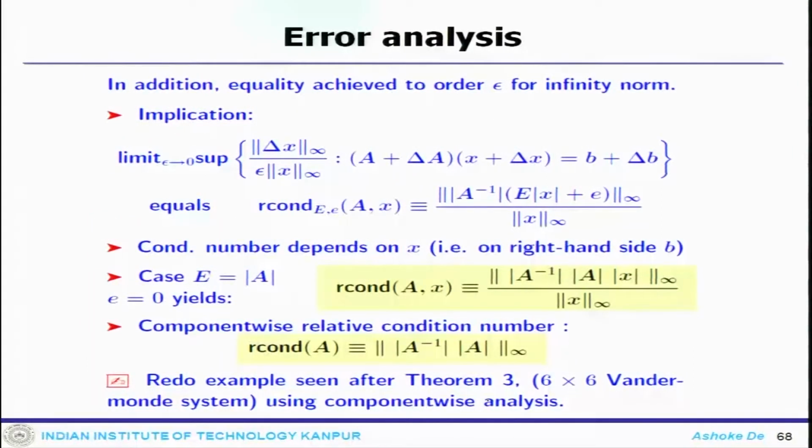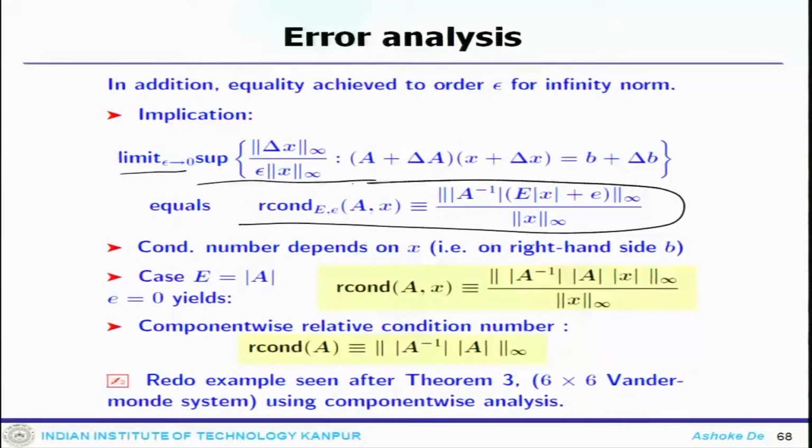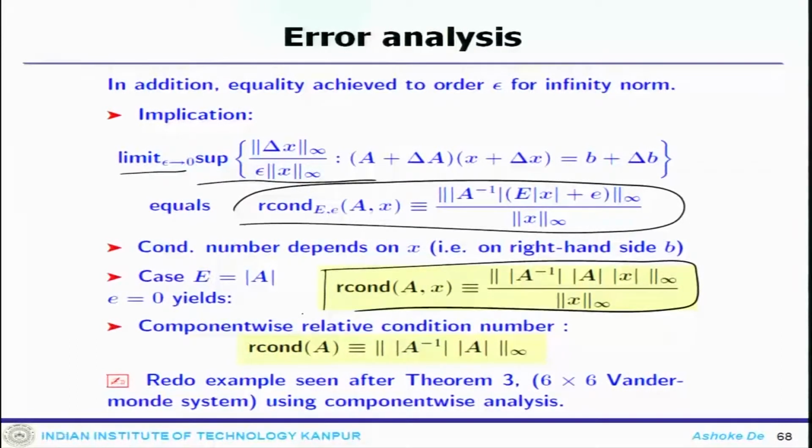Now, in addition to that, in the infinity norm, the implication is that if you take the limit of that whole theorem, you get back the condition system, and the condition number depends on x and all these things. The relative condition number would be defined with the magnitude of A inverse, the magnitude of A, and the norm of that at the infinity level.